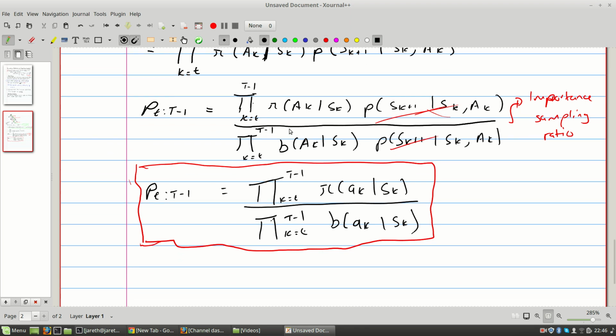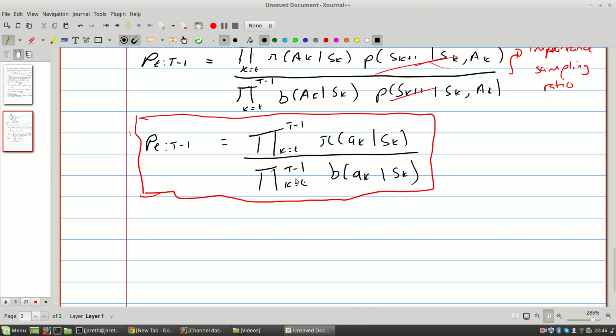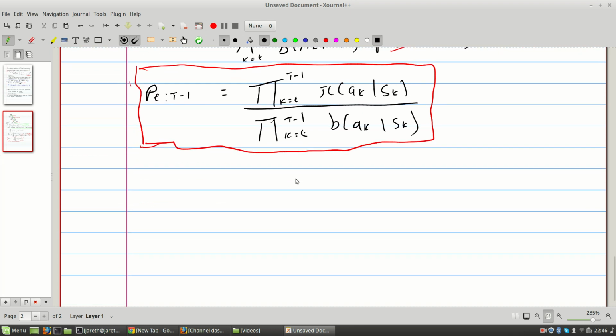So we've established our importance sampling ratio. Why do we need this? Because we wish to estimate the expected returns under the target policy, which is policy pi, but all we have are returns from the behavioral policy b. These returns have the wrong expectation.